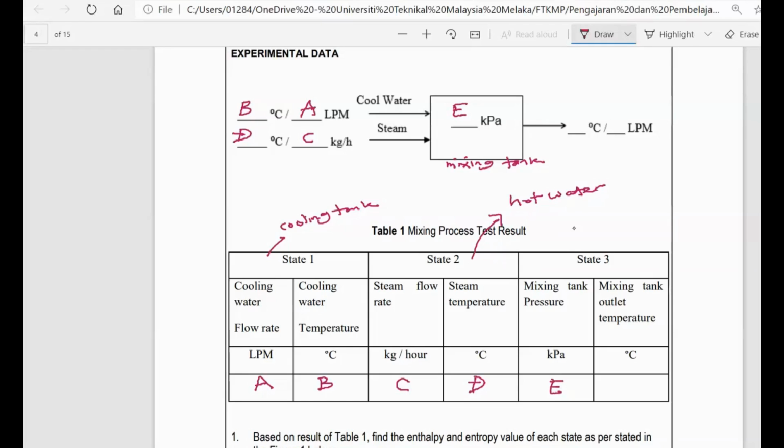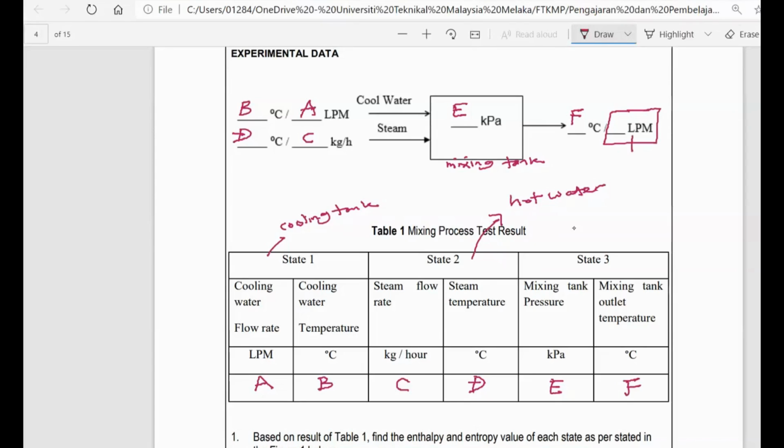Say F, and this one is also F. This one is the value of the mixing water.